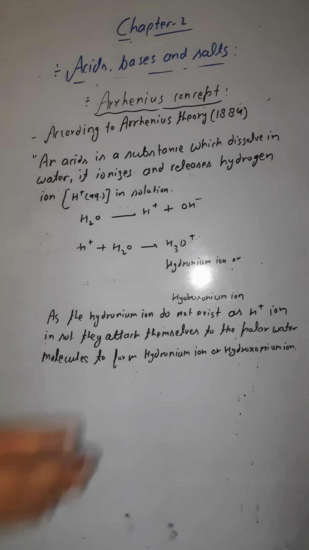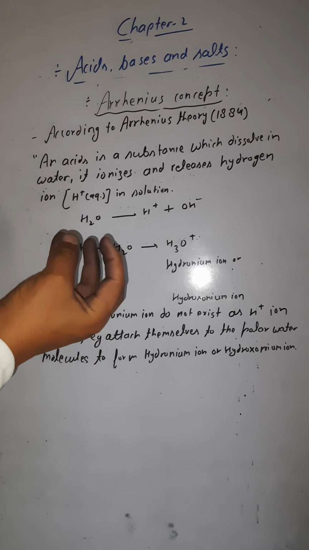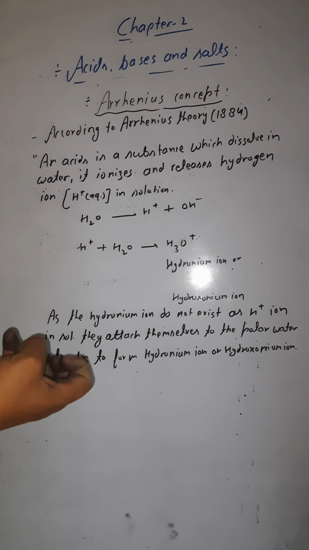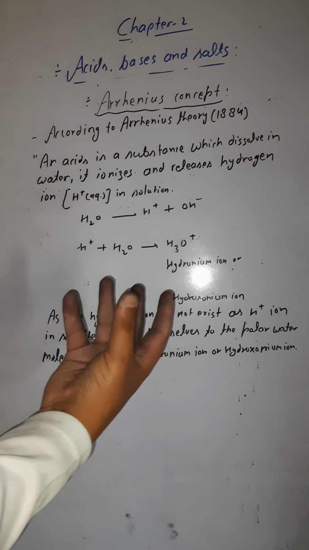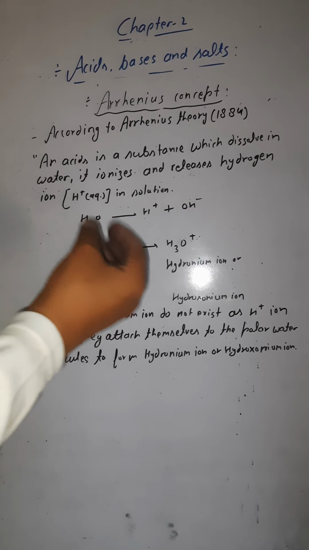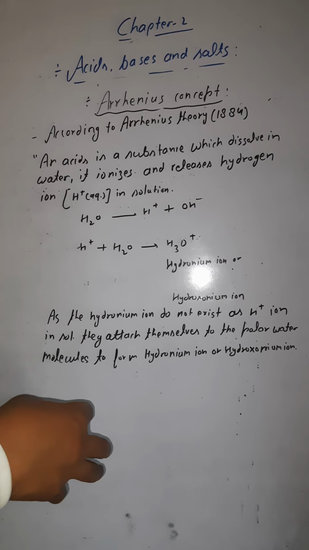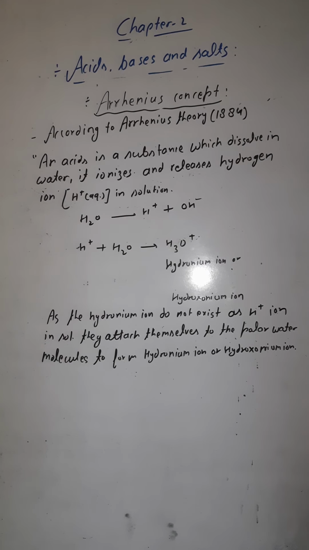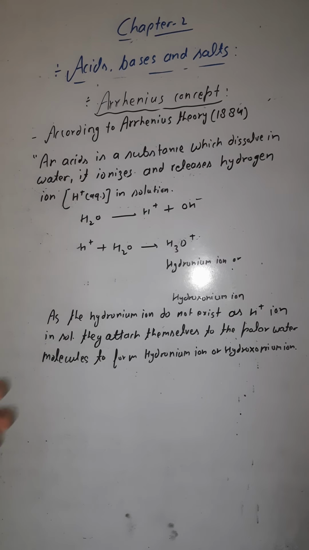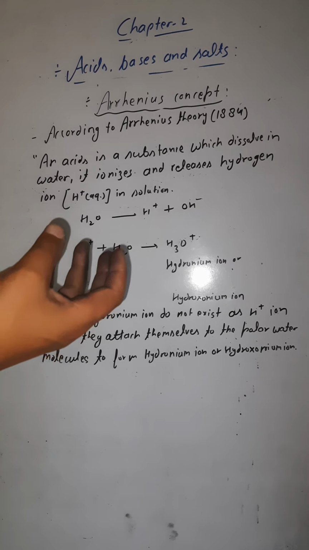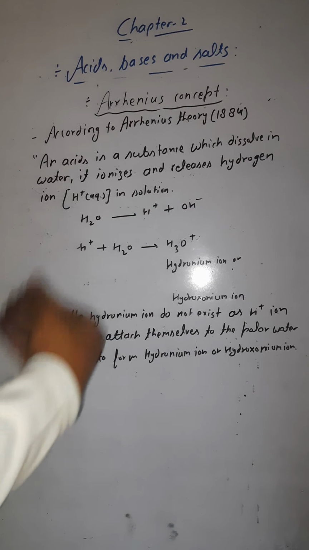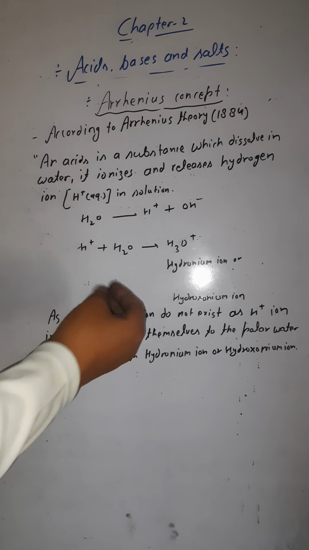So what is an acid? An acid is a substance which after dissolving in water gives H+ or H3O+ ion in the solution, and would be called an acidic substance. If someone asks you what an acid is, you would say an acid is a substance which when dissolved in water gives H+ or H3O+ ion in the solution.